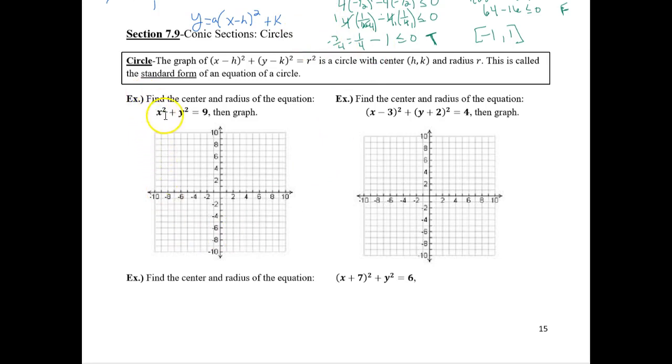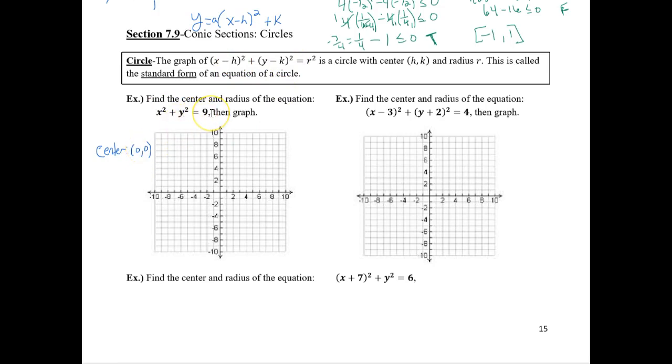So when I look at this first equation, it says find the center and radius of the equation x squared plus y squared equals 9, then graph. Well, there is no h and there's no k. It's just x squared and y squared. That means that the center of this graph is at the origin, 0, 0. There's no shifting left or right. That's the center.